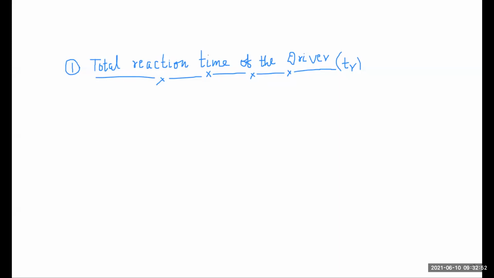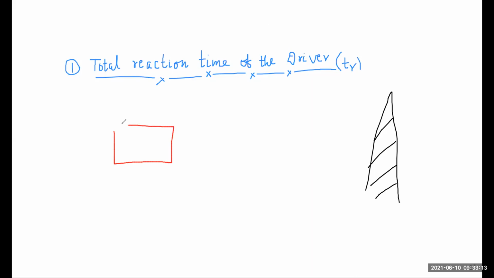Here, you observe, here is an obstacle. And here is a vehicle which is moving with a certain design speed.